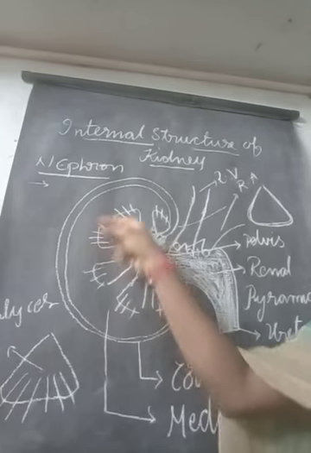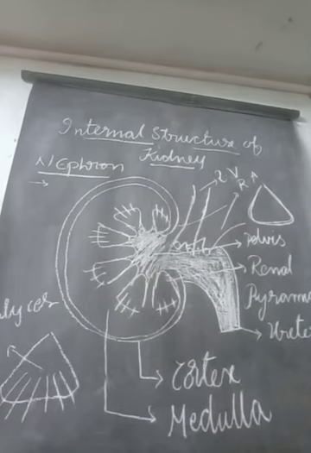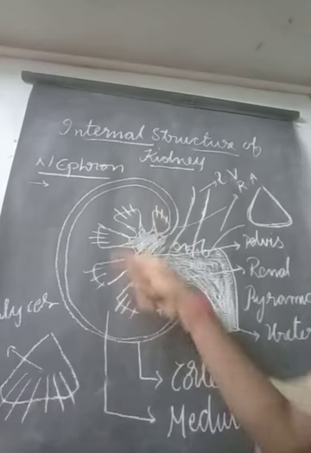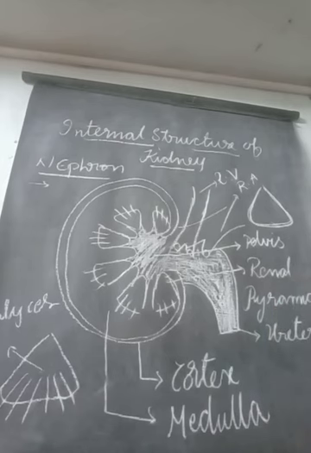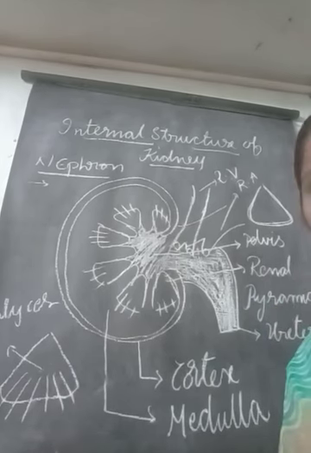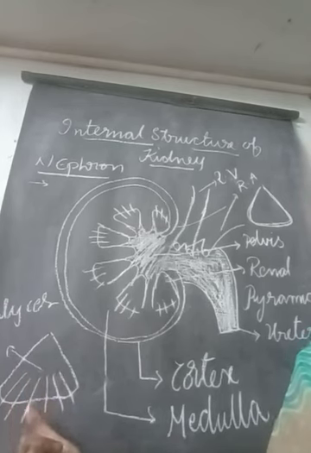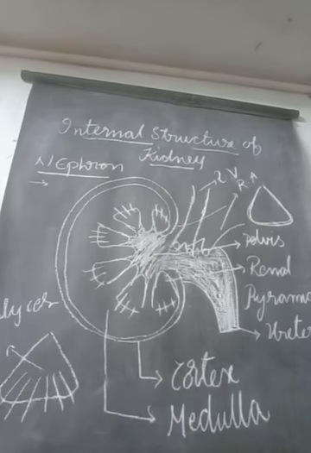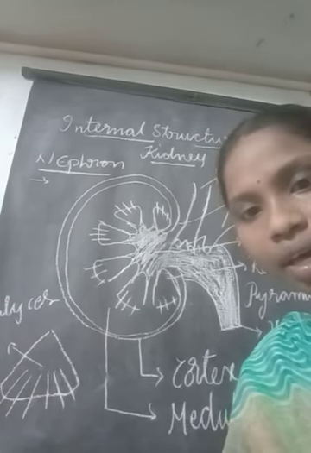The medulla is divided into triangular shaped pyramid structures called renal pyramids. If you observe the renal pyramid keenly, we can see small tube-like structures. Those are nothing but nephrons. Nephron is the basic structural and functional unit of kidney.